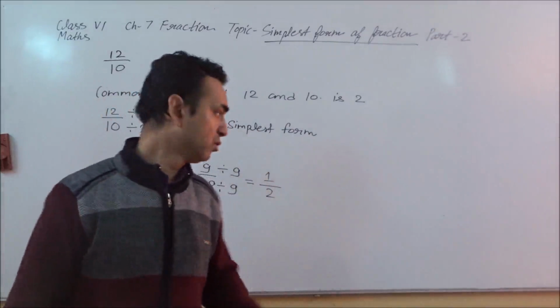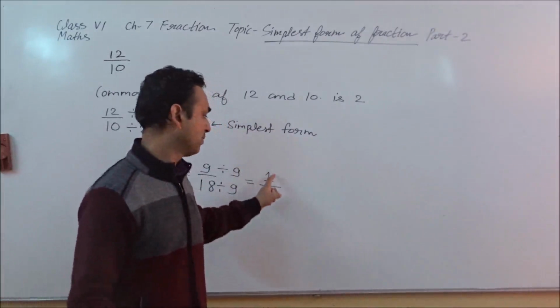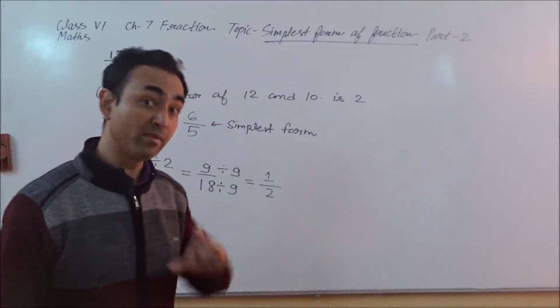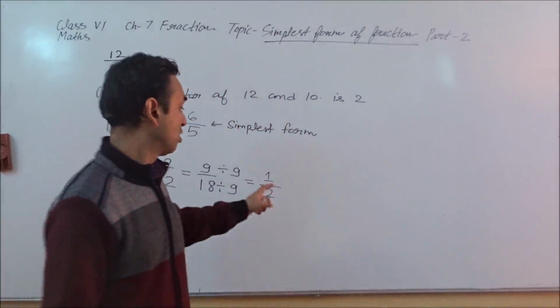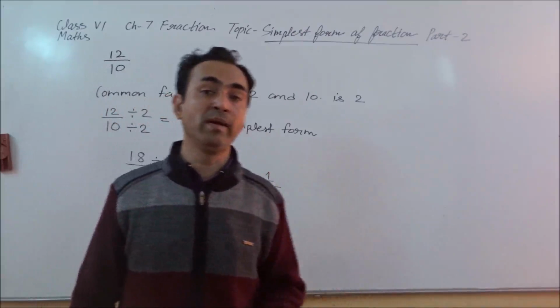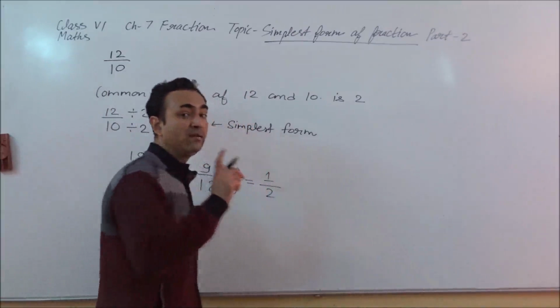Now, can 1 upon 2 be divided by another number except 1? No. There is no other number which can divide numerator and denominator. So you can see the common factor is only 1.